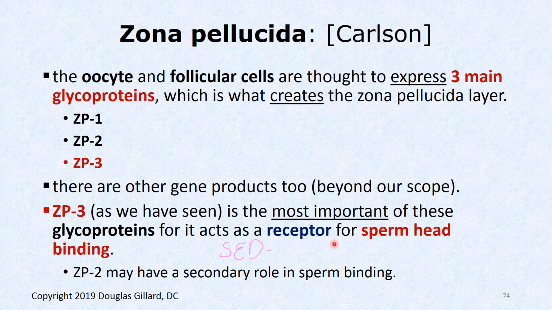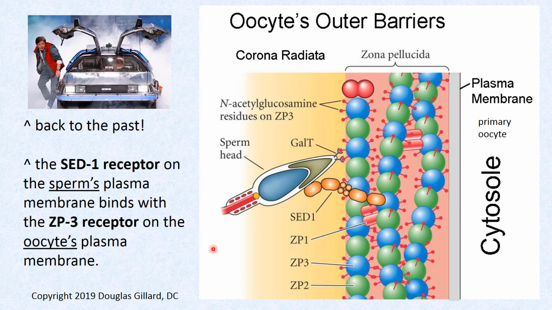SED1 is a receptor on the head of the sperm that hooks up and binds to zona pellucida 3. Right? Remember that from the last lecture. All right. ZP2, zona pellucida protein 2, also has a secondary binding role, but it's not nearly as important as ZP3. Several authors have confirmed that.